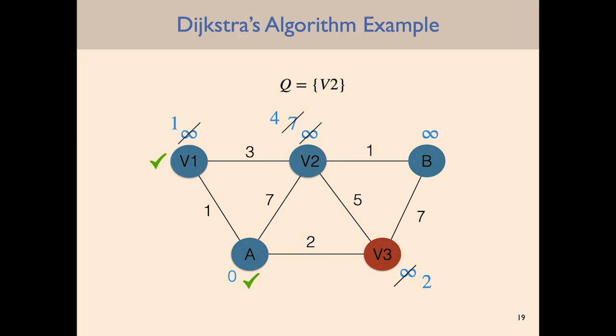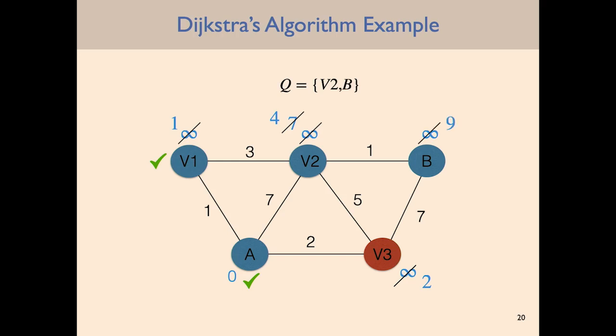So this new way of getting to V2, which goes from A to V3 to V2, is worse than the best previous way. The best previous way had a cost to come estimate of 4. This way has a cost to come estimate of 7. So we don't need to make any updates to the cost to come estimate for V2.